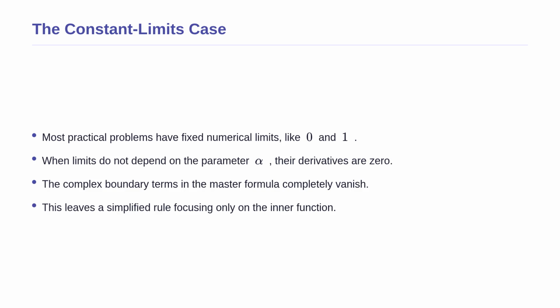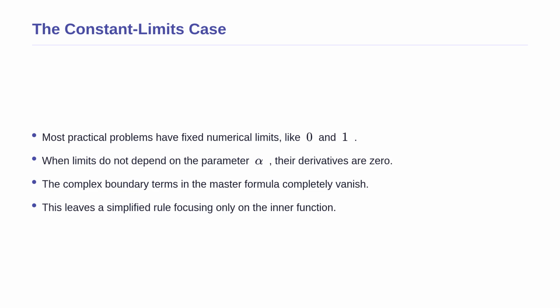Having seen the master formula, you might be wondering if we always have to calculate those complicated boundary terms. Fortunately, the answer is no. In most practical physics and statistics problems, the limits of integration are just fixed numbers, like 0 and infinity. Because these boundaries are locked firmly in place, they do not change when we adjust our parameter alpha.